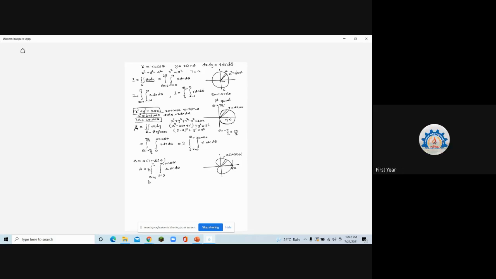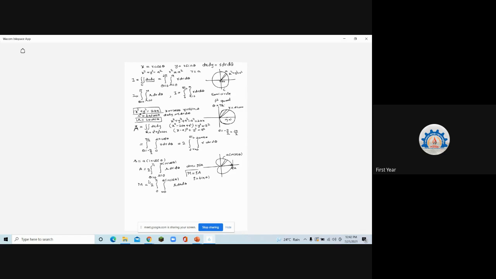If the mass of the cardioid was asked, what would be the difference? What is mass? Rho A. So if your rho is a function of r and theta, change in mass is rho dA.